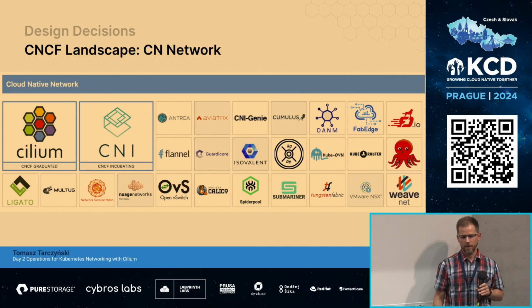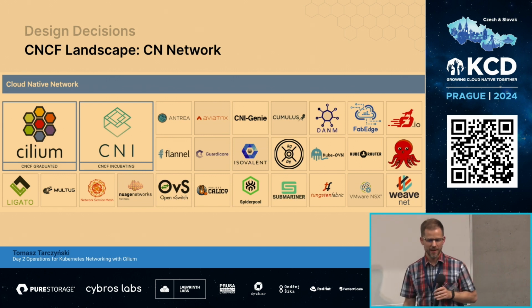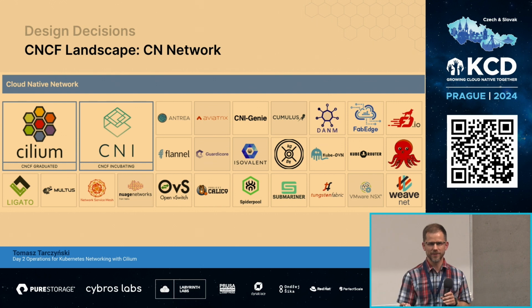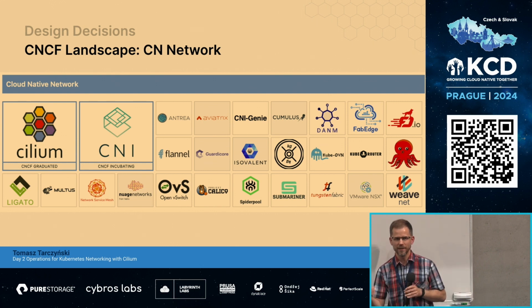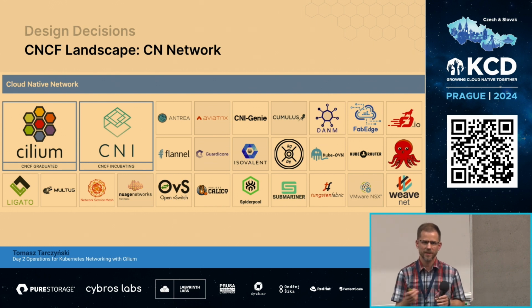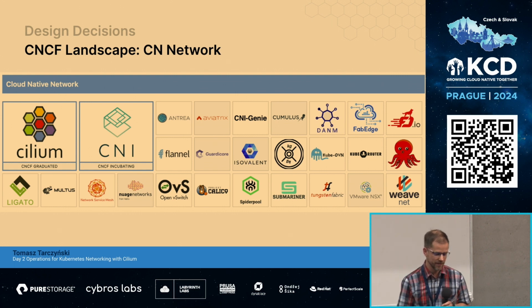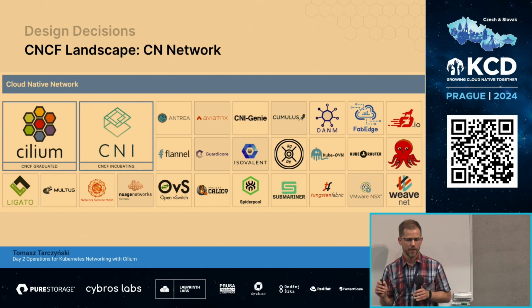So when you're choosing your CNI, there are quite a number of different options. And I would say for quite some time it was not an easy decision to make. Like when you studied for your CKA, you saw Flannel and Calico there as two options. One of them had network policies support and the other doesn't.